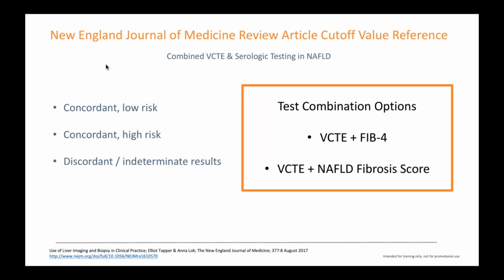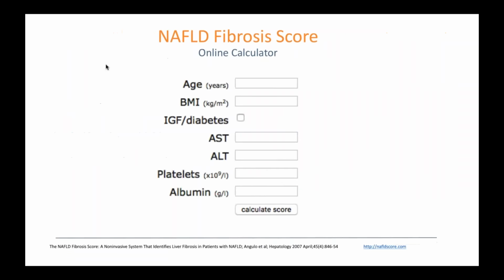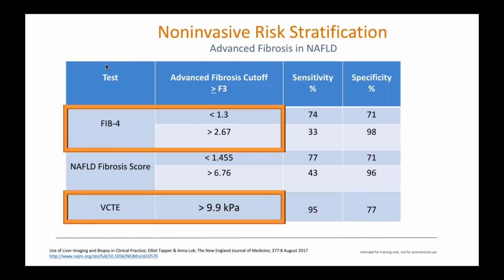Combine VCTE with FIB4, or combine VCTE with the NAFLD fibrosis score, and again look for concordance and discordance. As a reminder, this is the NAFLD fibrosis score online calculator using age, BMI, AST/ALT values, platelet values, and albumin values. Once they're completed, you would merely click the button to get the NAFLD fibrosis score.